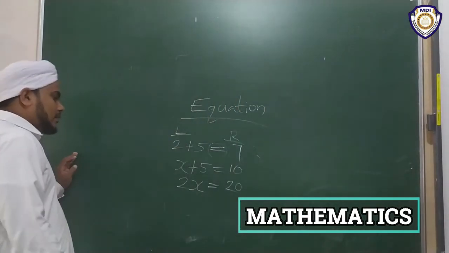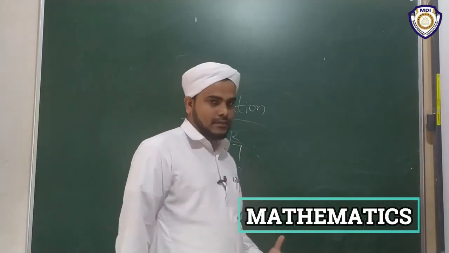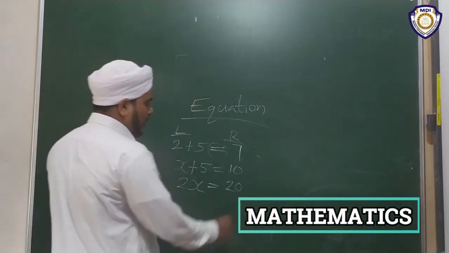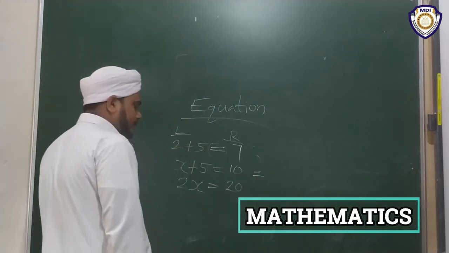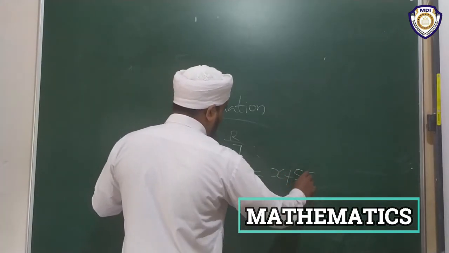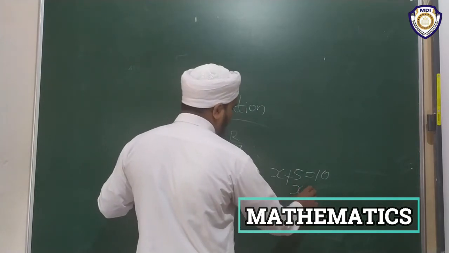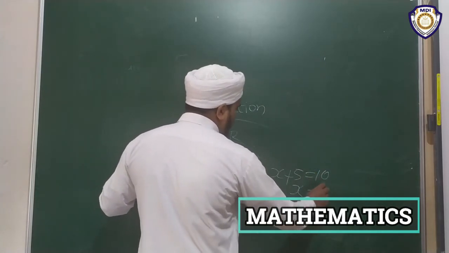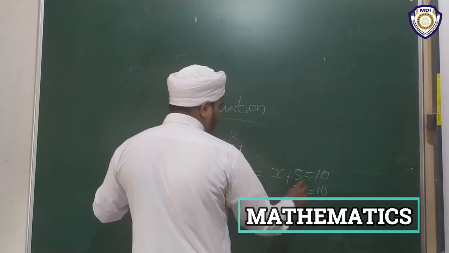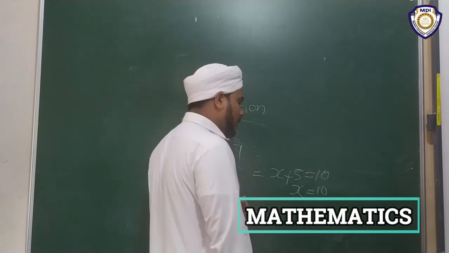Then you can find out the value of x with this equation. X plus 5 is equal to 10. Then you have to find out the value of x. You have to take this 5 to the right side of the equation.